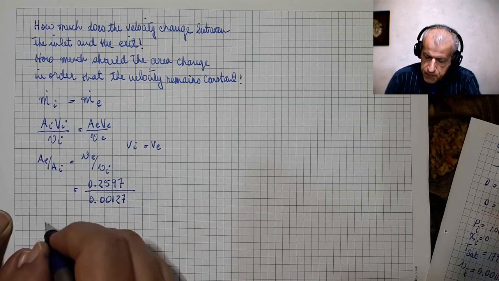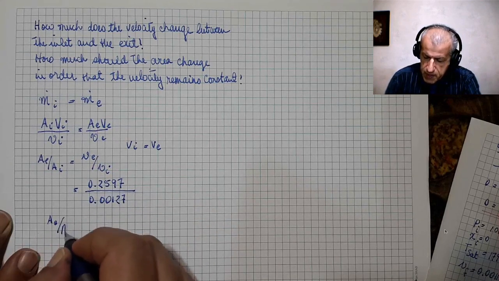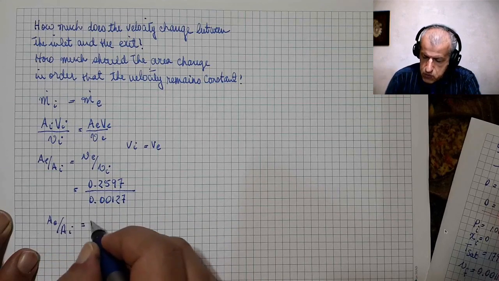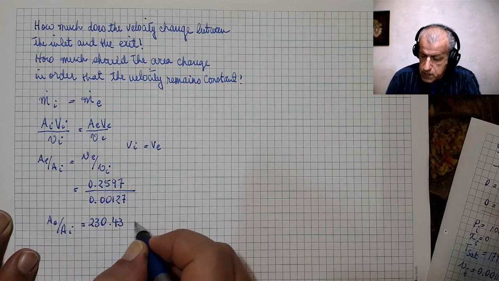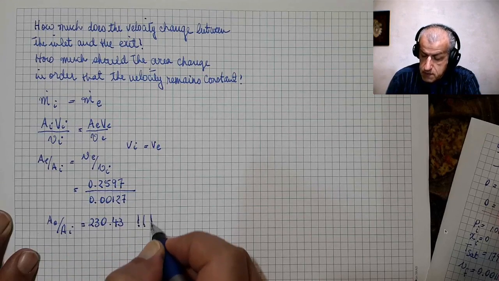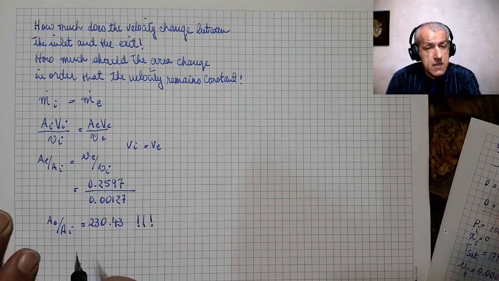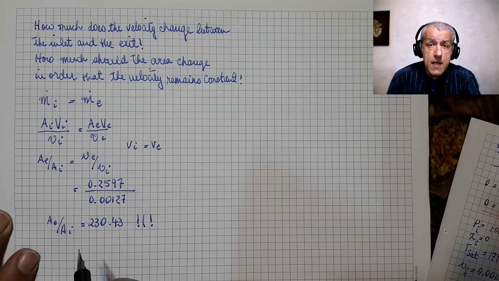And the outcome for AE divided by AI is 230.43. And that's very interesting, because that means that if you want to keep the velocity constant, we have to increase the area 230 times.